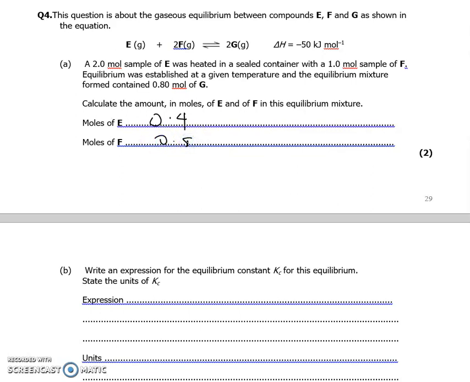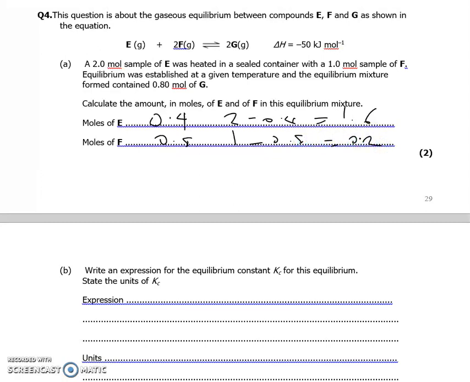Okay, so that's our reacted moles, but at equilibrium for E, we started off with 2, minus the 0.4, we've got 1.6 moles present. For F, we started off with 1 mole, so 1 minus 0.8 equals 0.2 moles.